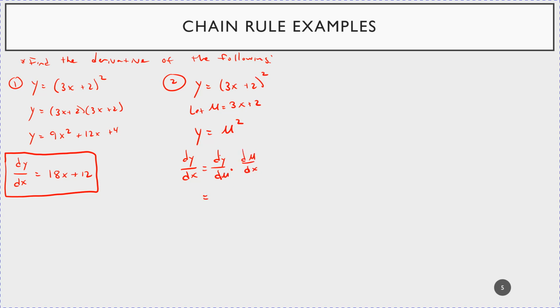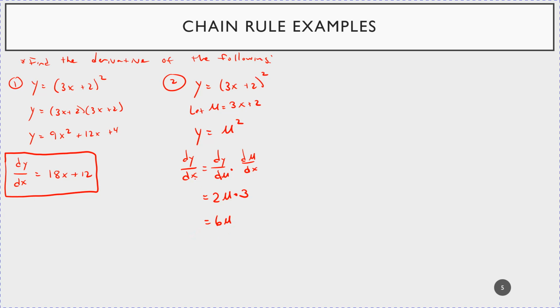Let's find the derivative of y with respect to u. I have y is equal to u squared, so that just becomes 2u, times du/dx. If I differentiate u with respect to x, that's just 3, because 2 is a constant and goes away. So times 3, this is equal to 6u.